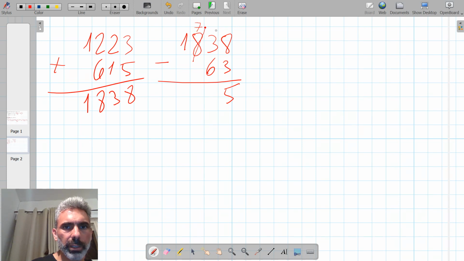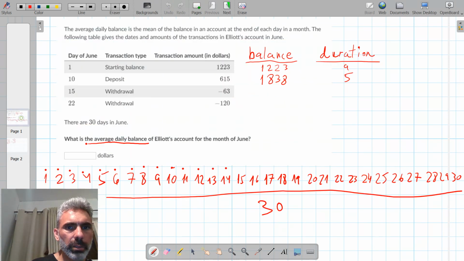So 8 becomes 7, 3 becomes 13. 13 minus 6 is 7. 7 minus 0 is 7. 1 minus 0 is 1. So here the balance becomes 1,775.